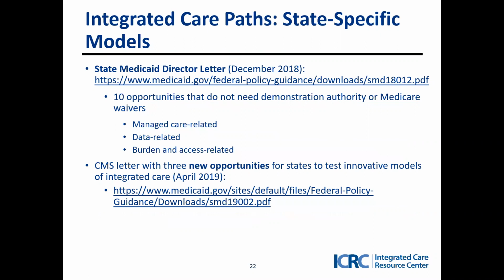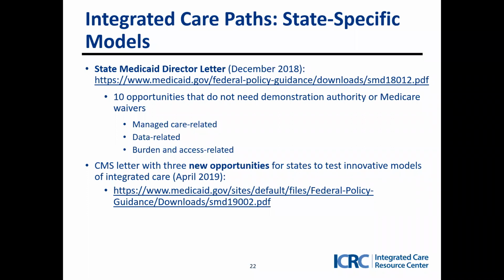Okay, so we covered the two main existing integrated care programs, which are capitated managed care and managed fee-for-service, but states also have the option to create their own state-specific models to better serve dually eligible beneficiaries. So at the top of this slide, we've included a state Medicaid director letter put out by CMS in 2018, which just includes 10 opportunities that states could take advantage of without having any demonstration authority or Medicare waiver.